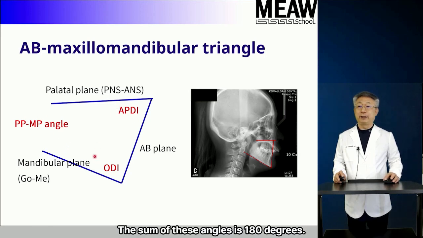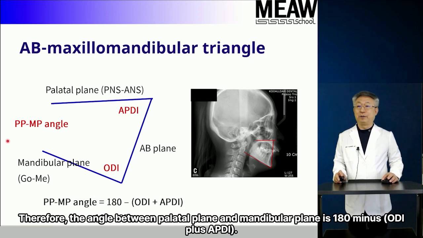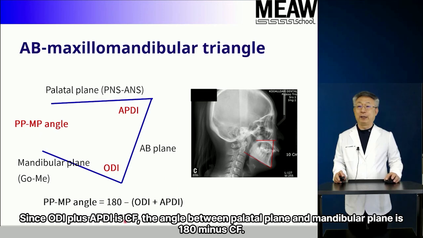The sum of these angles is 180 degrees. Therefore, the angle between palatal plane and mandibular plane is 180 minus ODI plus APDI. Since ODI plus APDI is CF, the angle between palatal plane and mandibular plane is 180 minus CF.